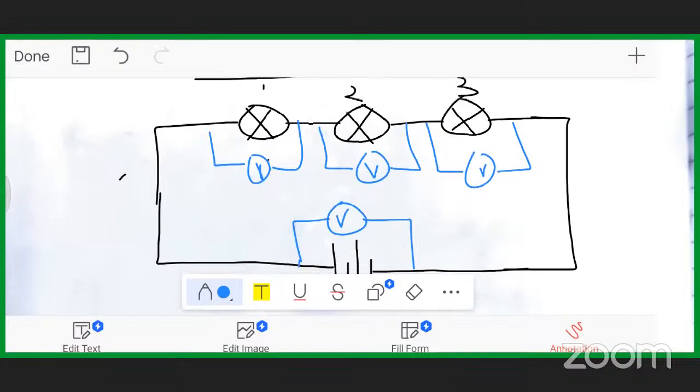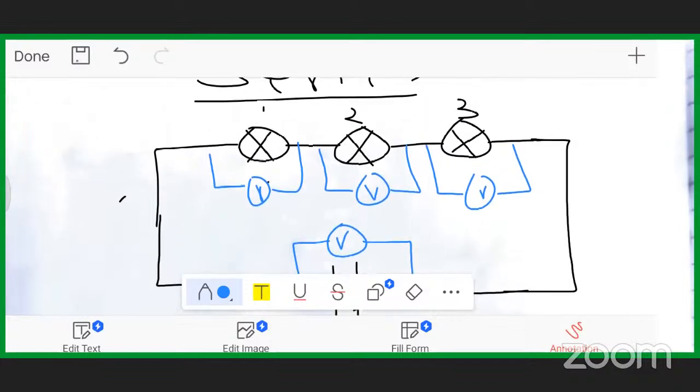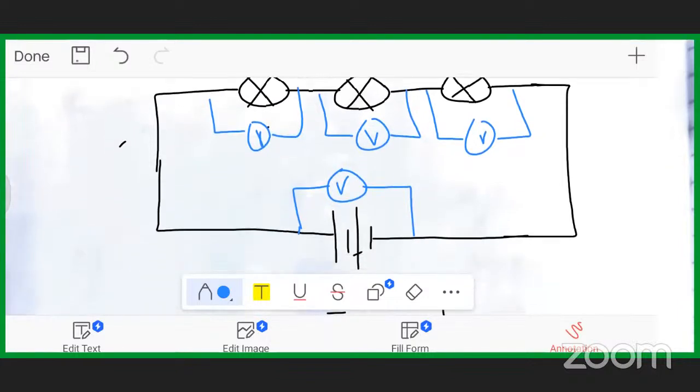So if you do this experiment, interestingly, you will realize, number one, that the voltage drop across each of these bulbs, if the bulbs are identical, will be the same, but their sum, their total, will equal the input voltage, the voltage being supplied to them.